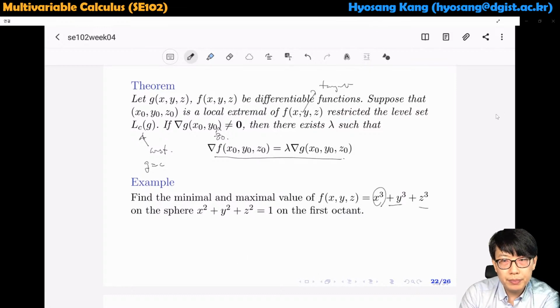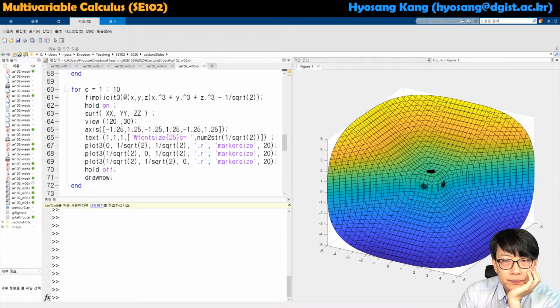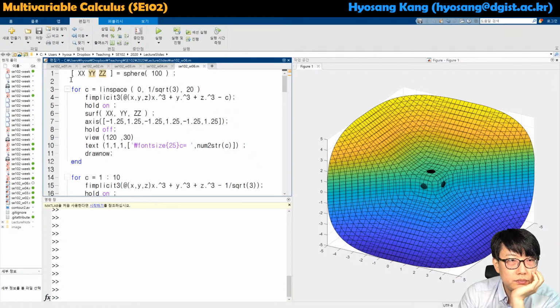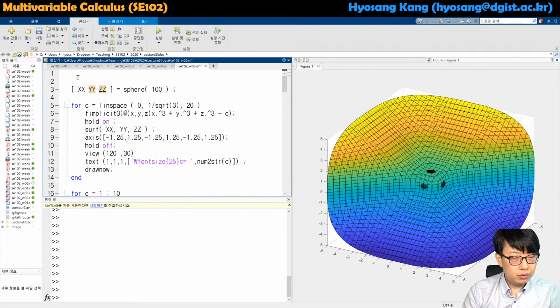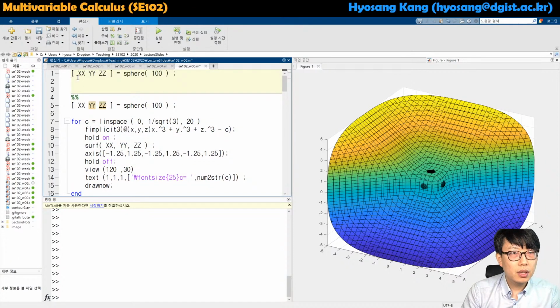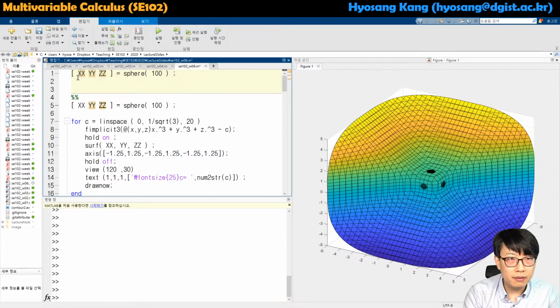I want to show you a picture. I'm trying to draw a sphere and the level set of the function f.